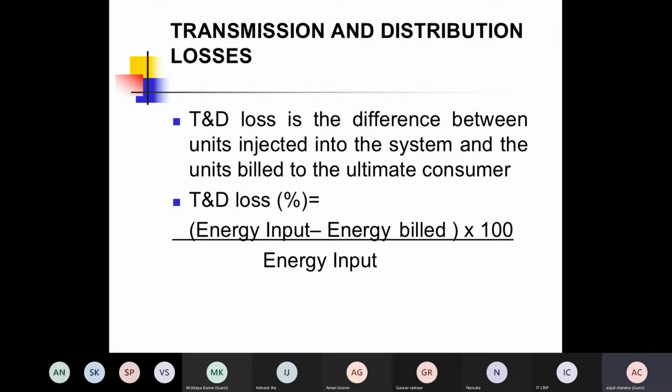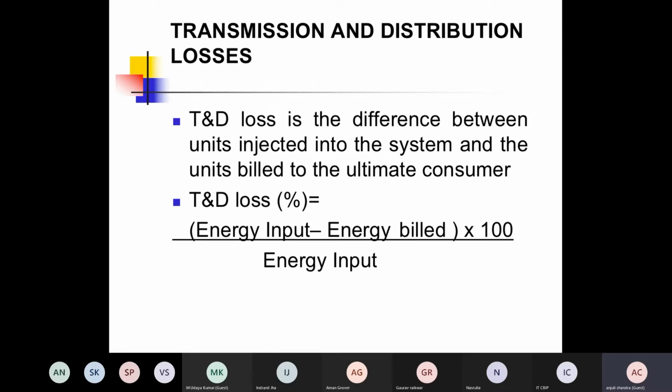Is it clear? What is transmission and distribution loss? So basically it refers to the loss in the transmission and in the distribution system, and it is in terms of units and in terms of percentage. So this is how we calculate it.